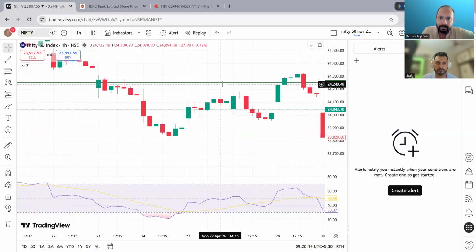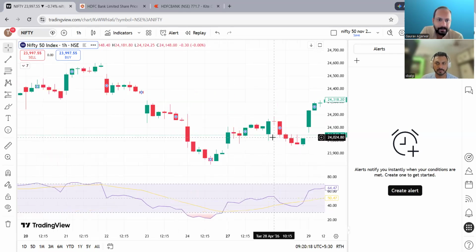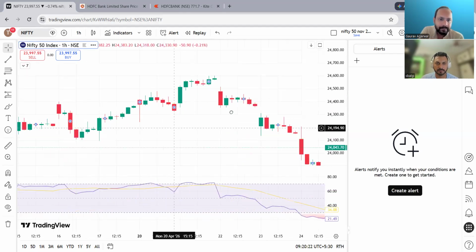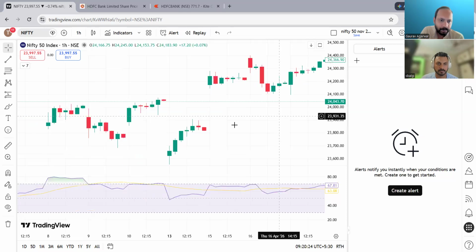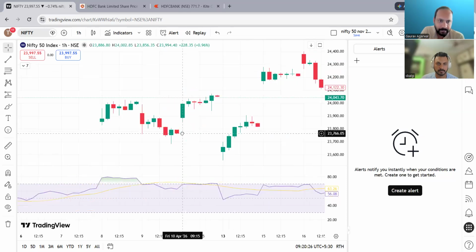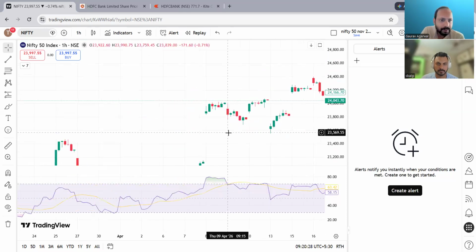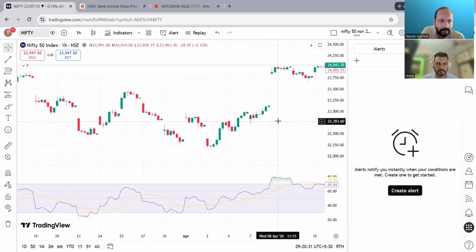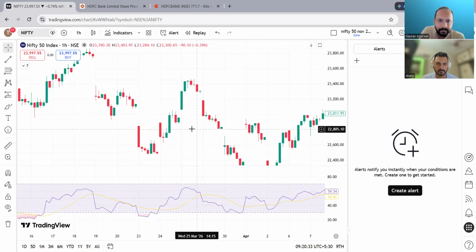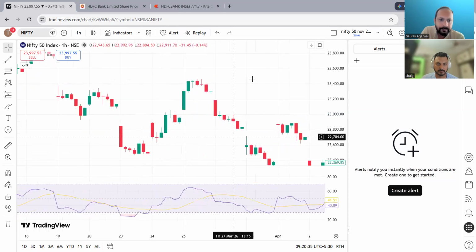So this is a clear hammer. See this one. 1 second, I'll show you one different hammer also. See here, a normal hammer, right?